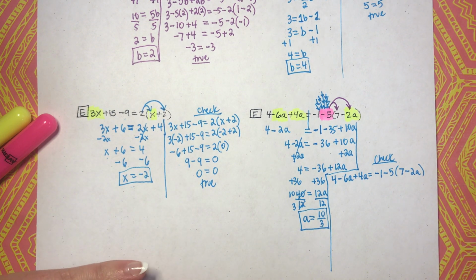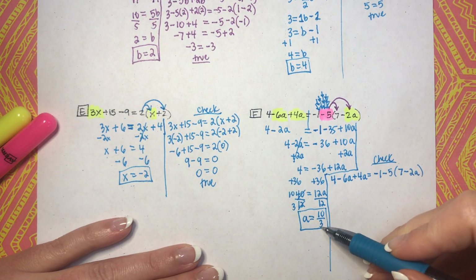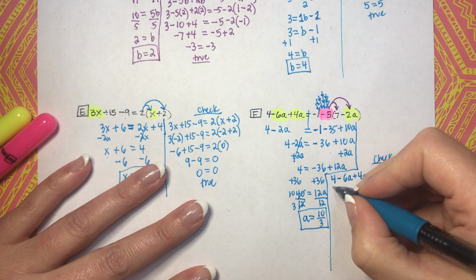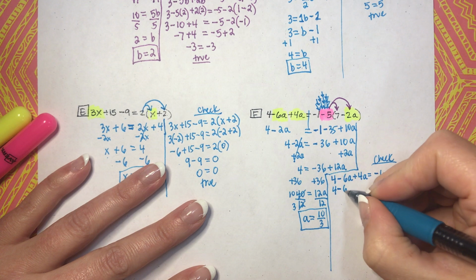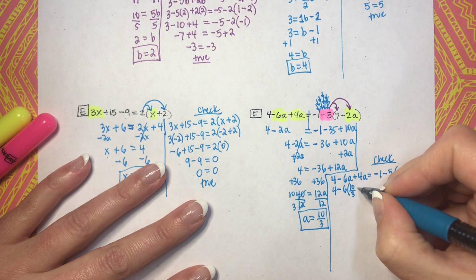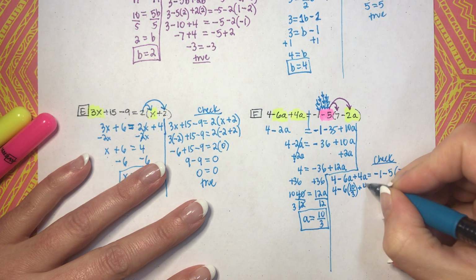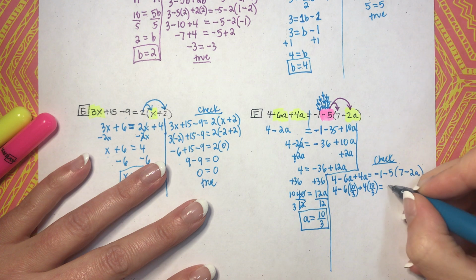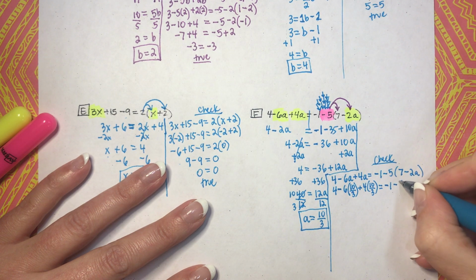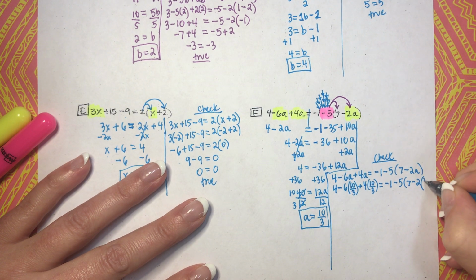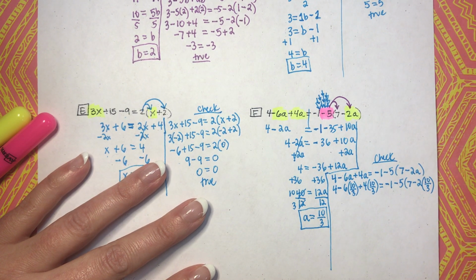Oh my gosh, that's a lot. Okay, then we substitute 10 over 3 in to all these places where a is. So 4 minus 6 times 10 over 3 plus 4 times 10 over 3 equals negative 1 minus 5 multiplied by the quantity, 7 minus 2 multiplied by 10 over 3.